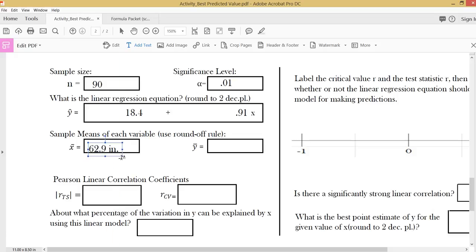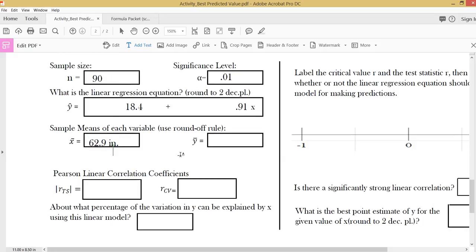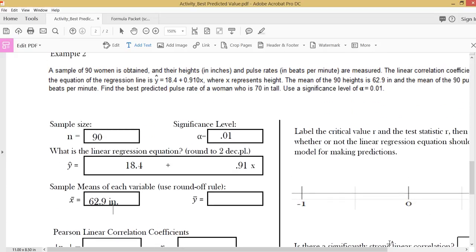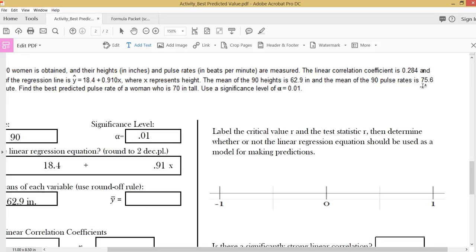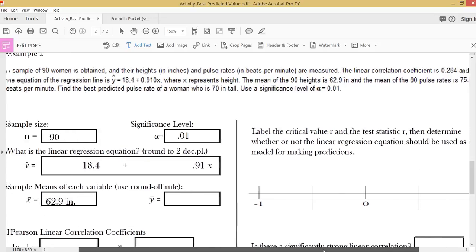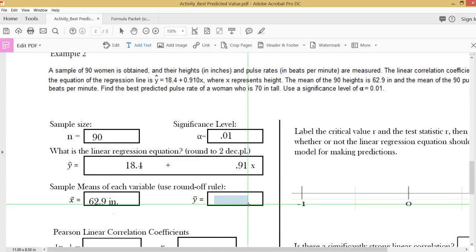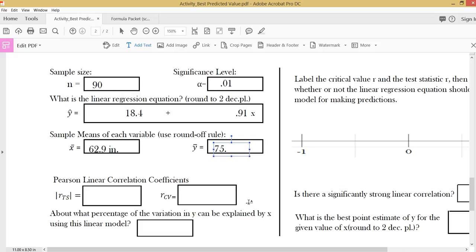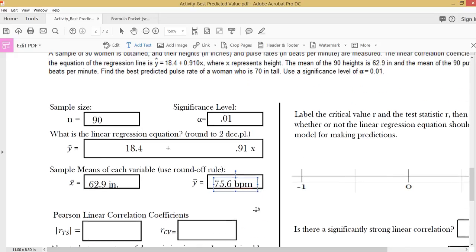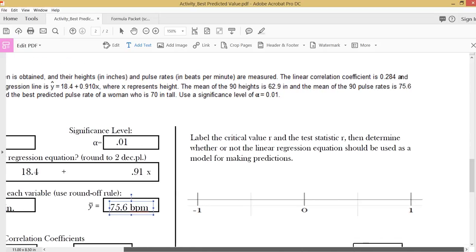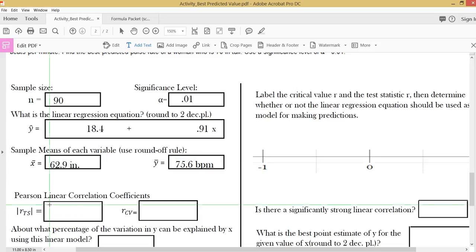And the average pulse rate is given as 75.6. So 75.6 beats per minute is the average pulse rate for these 90 women. The linear correlation coefficient, again, seems pretty low, 0.284.